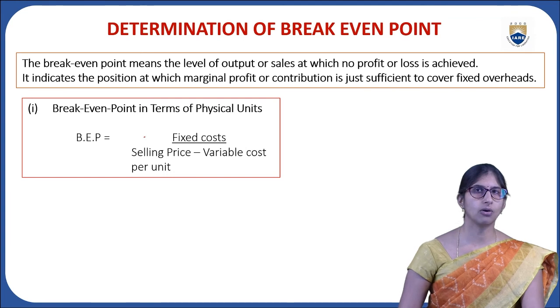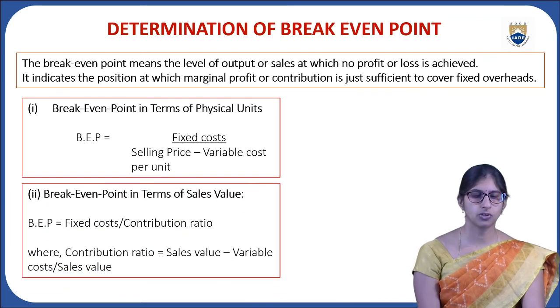Now coming to the second one, the break-even point in terms of sales value, meaning in terms of value we are going to get. Break-even point equals fixed cost divided by contribution ratio. We already discussed what the contribution ratio is: sales minus variable cost.